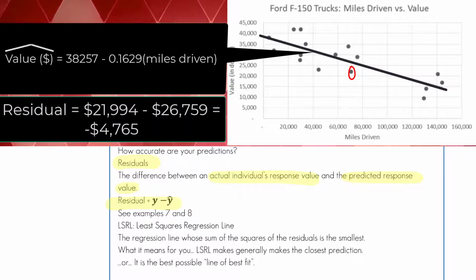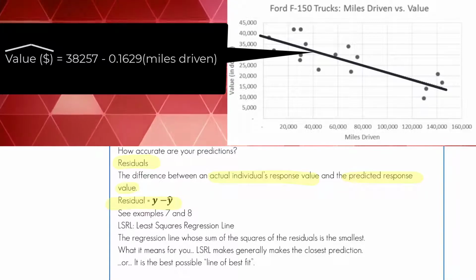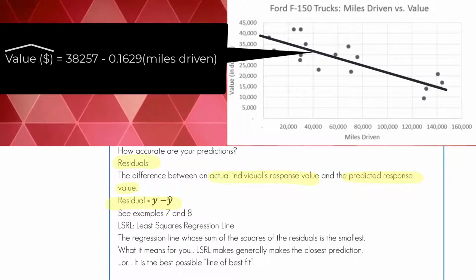Since the dot is below the line, that tells me that my model, the LSRL, is over-predicting the value of this truck. Now, that might seem like, what good is the model then? If you look at all these other dots, none of them are actually on the line. Well, I hate to break it to you, but you're almost never going to have a perfect prediction where one of those dots is exactly on the line.